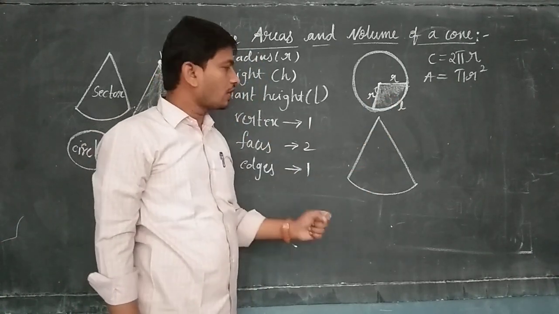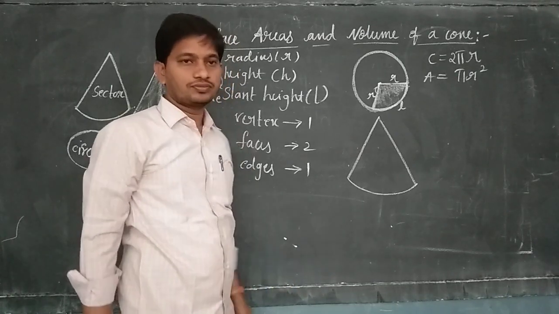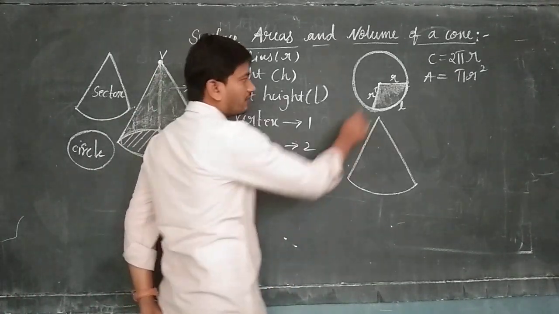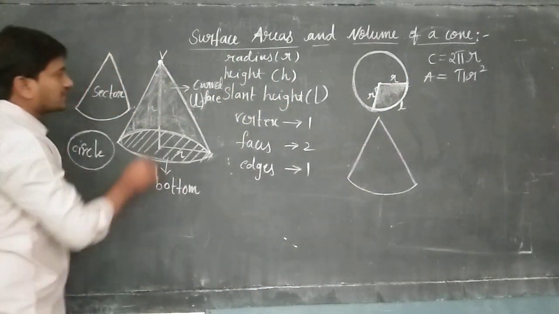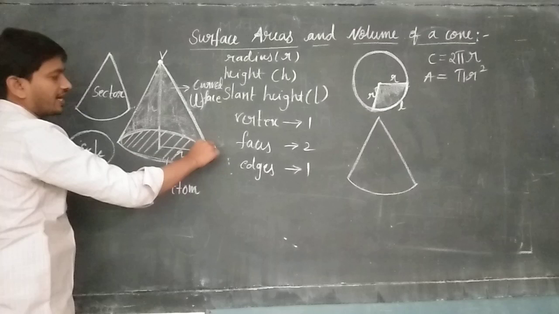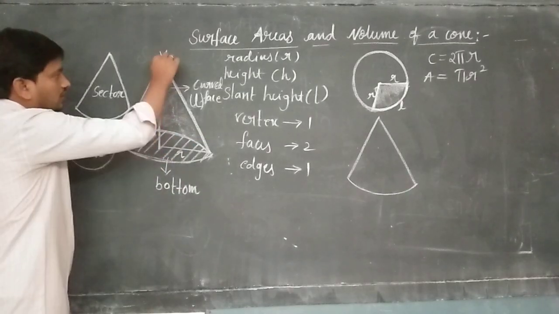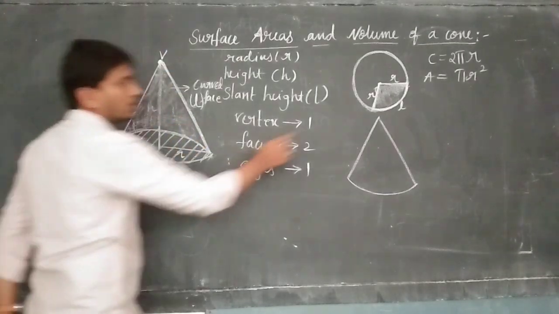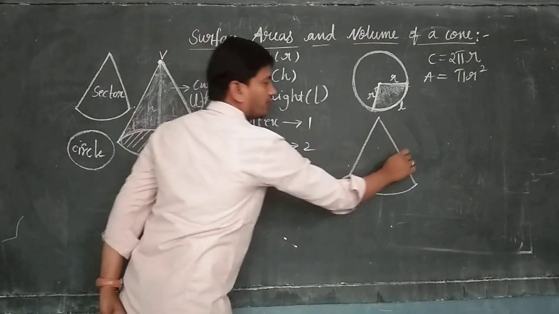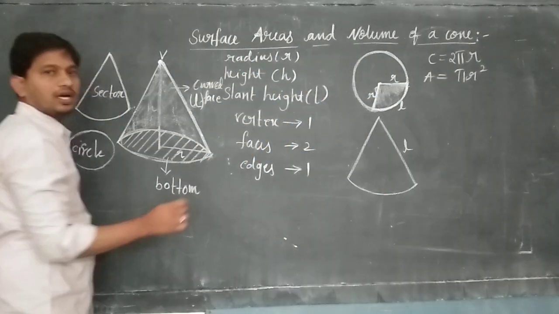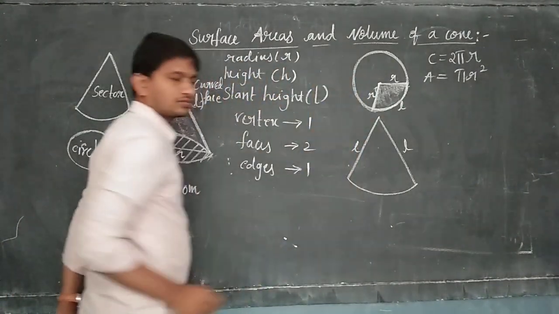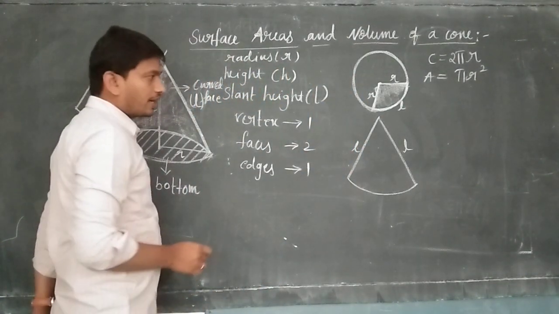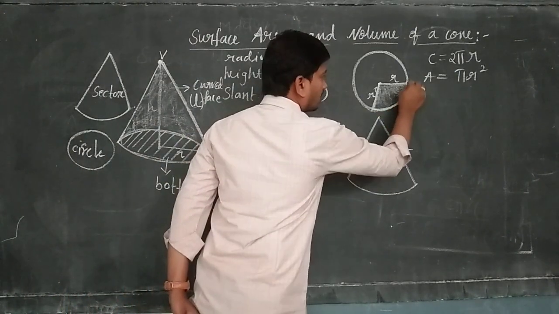Clear? Now coming to the area of sector. You see here, students, this is our radius. As I told you, this is our slant height. So here this radius will become the slant height of the cone. And what about the length of the arc?